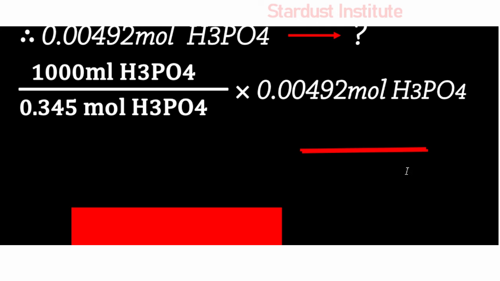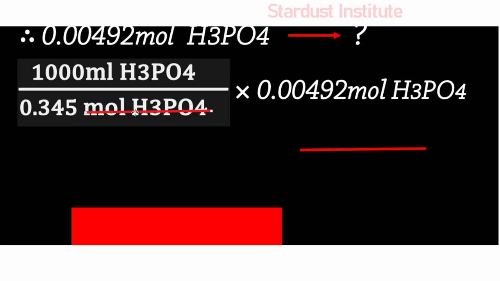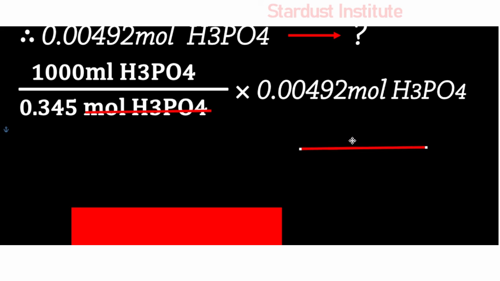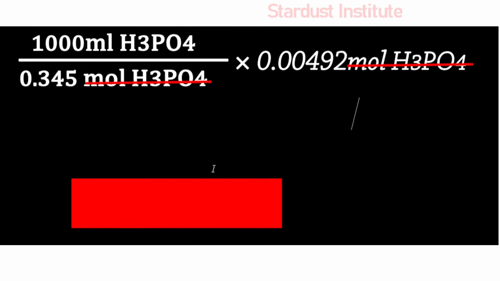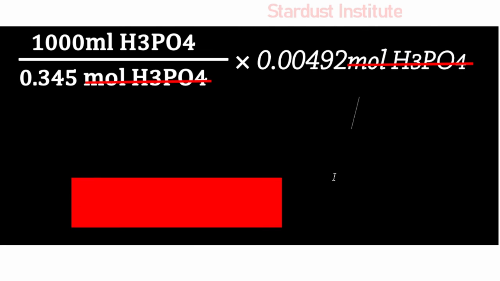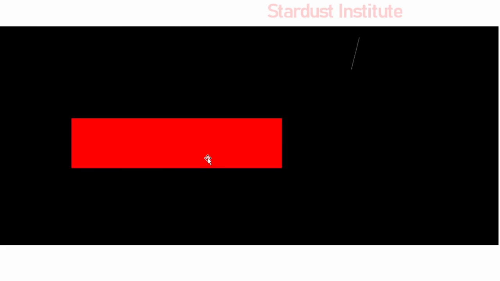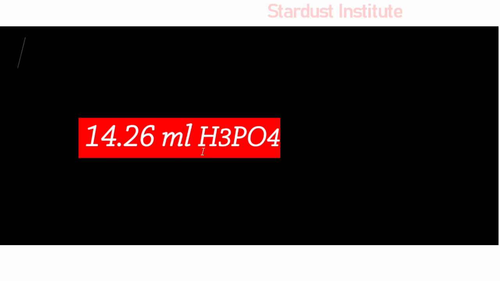We should cancel out units. Mole H3PO4, mole H3PO4. There are many decimal places. You can use your calculator. I also use my calculator. Then we get our main answer: 14.26 milliliters of phosphoric acid.